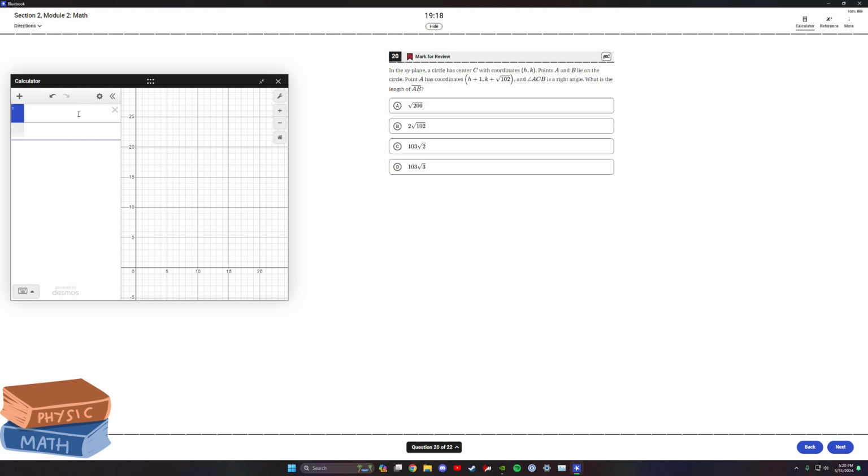First time I'm using a piece of paper. Center is H, K, the point is H, 1. They are on the circle, it says, so H, 1 and that much. They said ACB is a right angle. We want that.